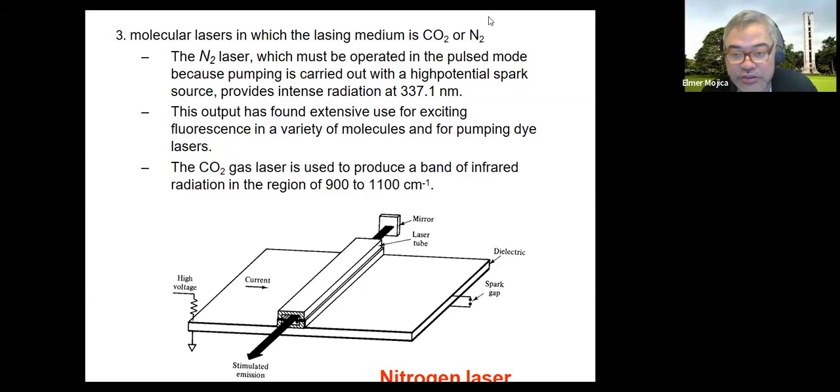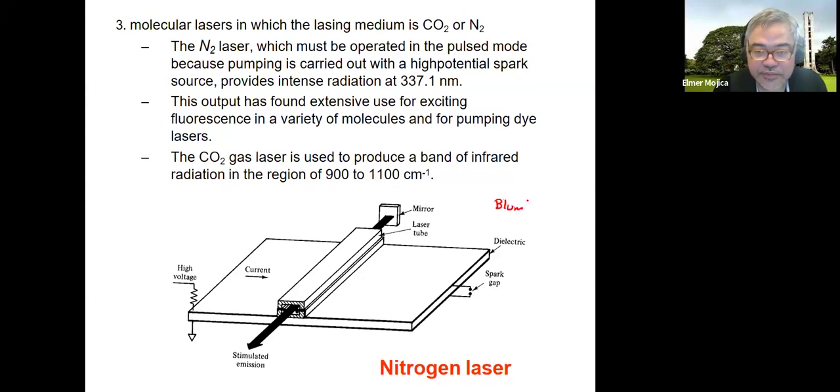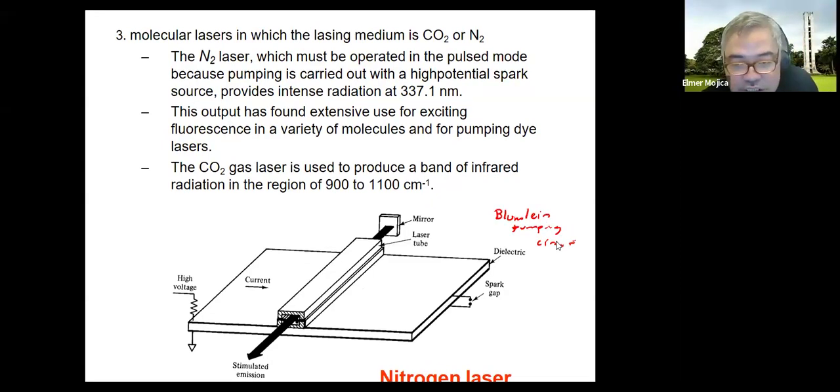In the nitrogen laser, you have the so-called Blumlein pumping circuit. In this illustration, a high current discharge passes briefly, about 10 to the 5 amperes, with a lifetime of 1 to 5 nanoseconds, through the laser tube containing the nitrogen gas.